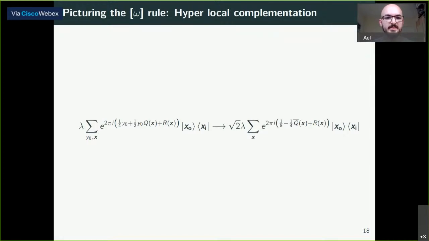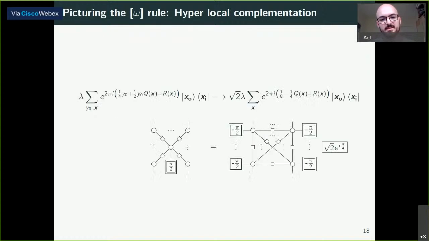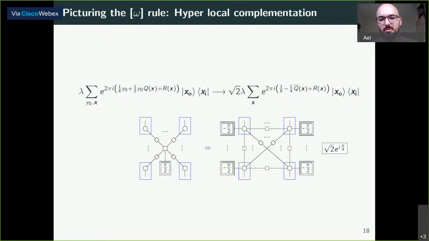In the same idea, the omega rule is some local complementation. This is local complementation, and it is actually hyperlocal complementation. So you have groups of variables which correspond to the monomials in the polynomial.